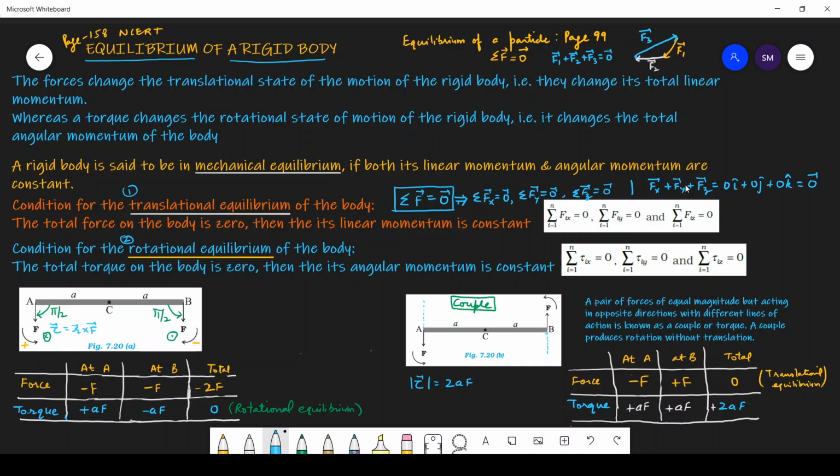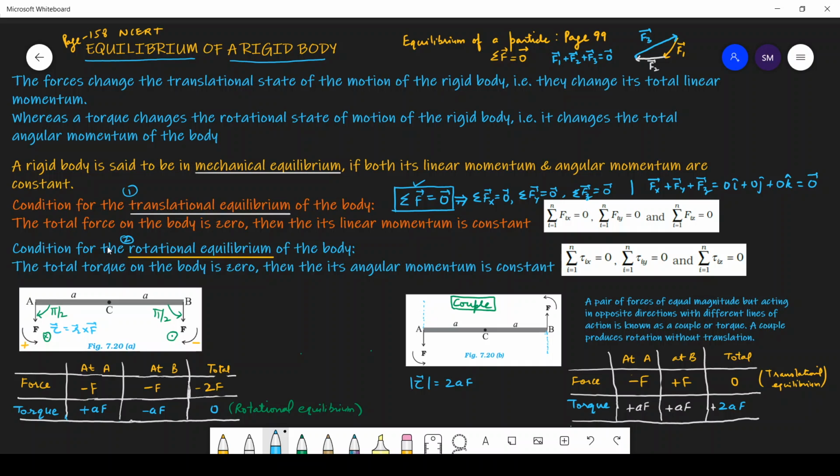You need to remember and understand this for all vectors: whenever I'm talking about a particular vector as 0, it means all the three components along all the three directions are 0 separately.